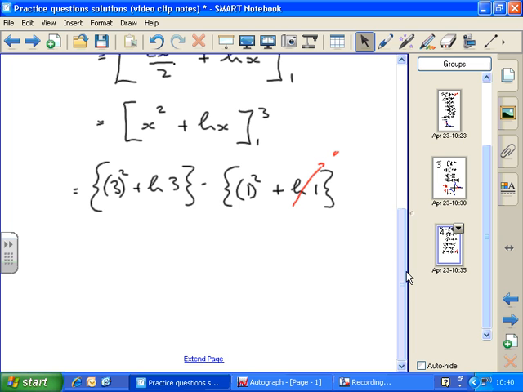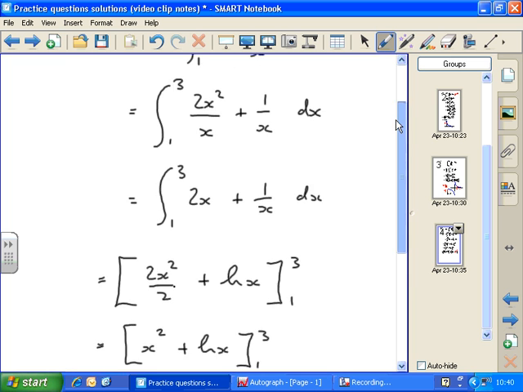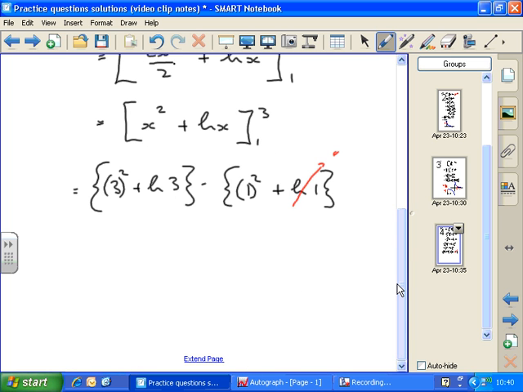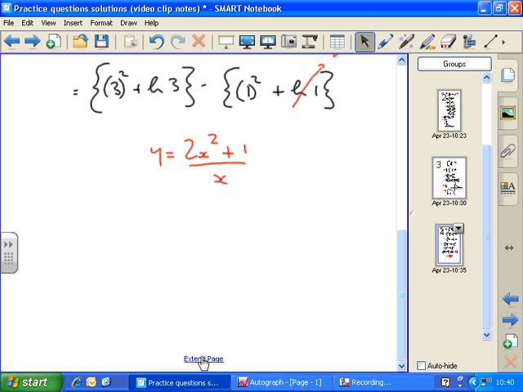Now let's have a look at sketching the curve. This is not an easy function to sketch. y equals 2x squared plus 1 over x. The sort of things to look for if you were sketching this function would be to think to myself, well, what happens as x equals 0?